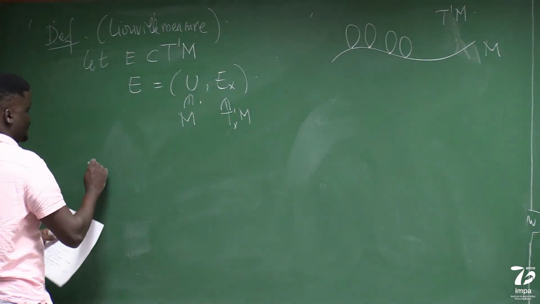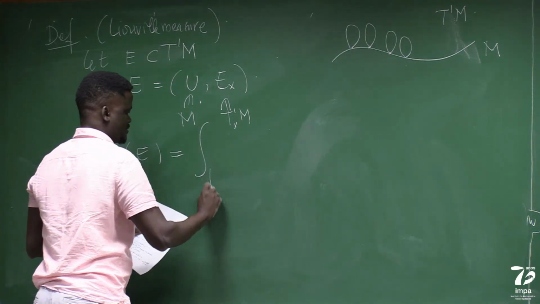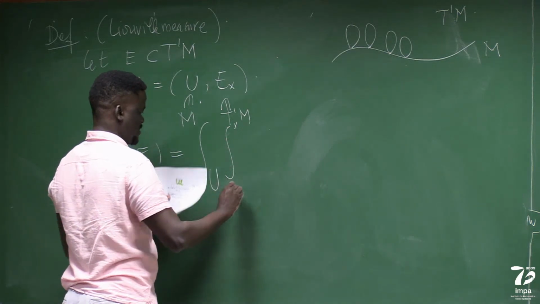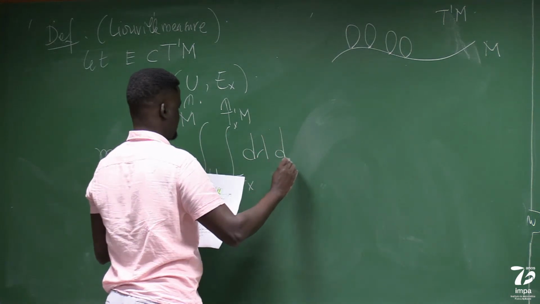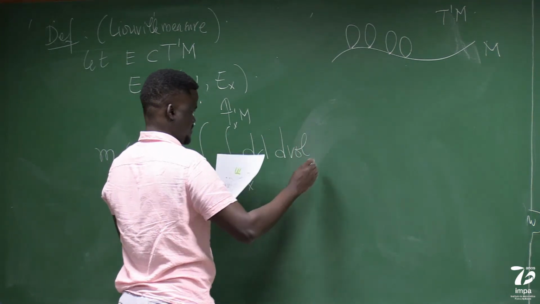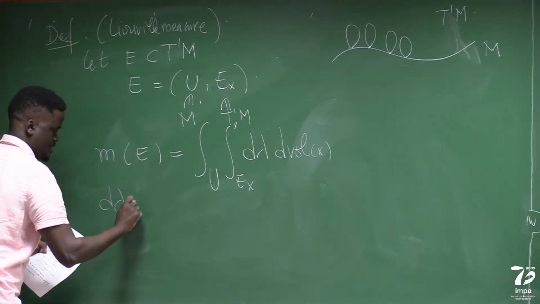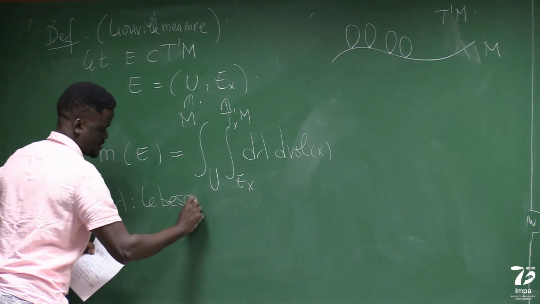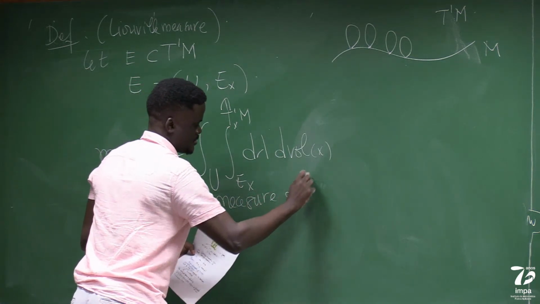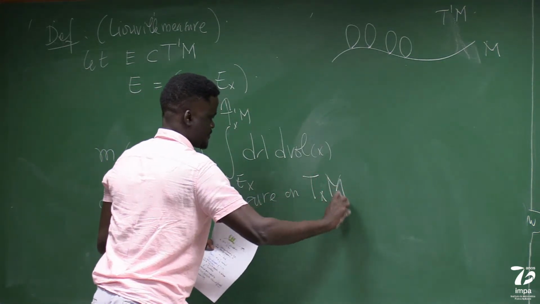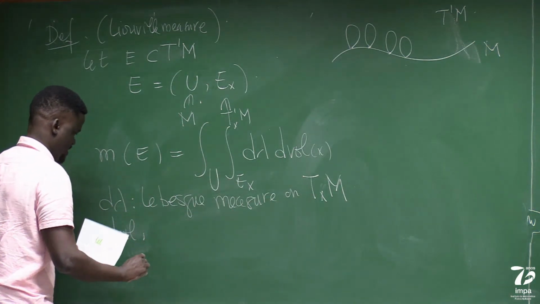The Liouville measure m of E is given by the integral over x, the integral over E_x, of d lambda d vol(x), where d lambda is the Lebesgue measure on T_xM, and d vol is the Lebesgue measure on M.